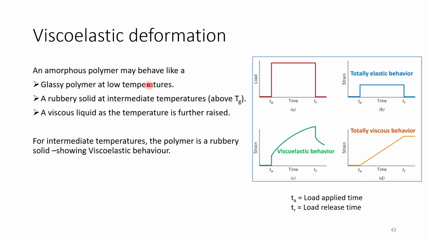For intermediate temperatures, the polymer is a rubbery solid showing viscoelastic behavior. This is the behavior for load and this is the behavior for strain.